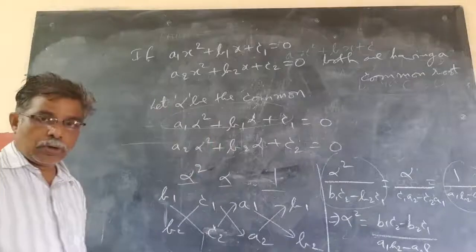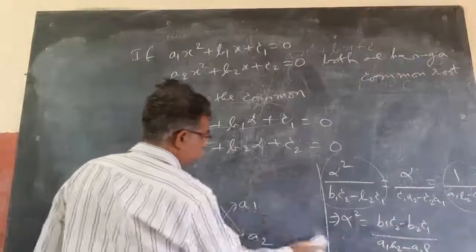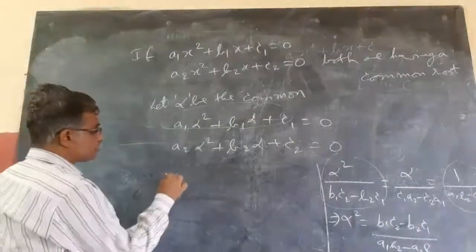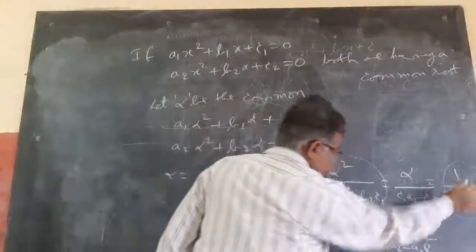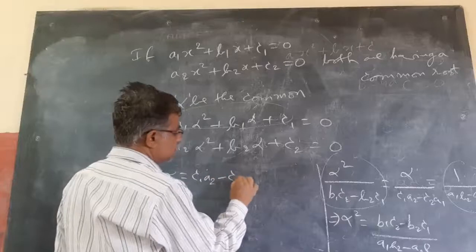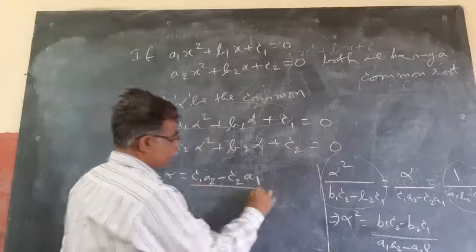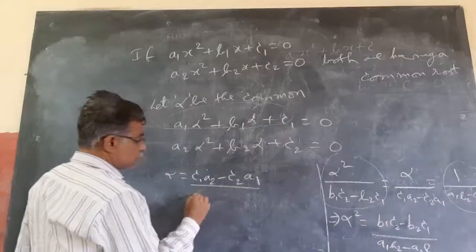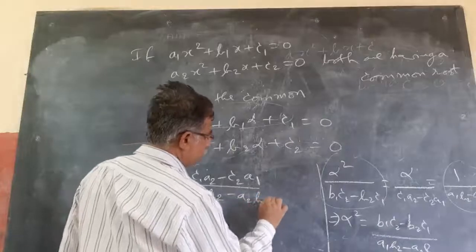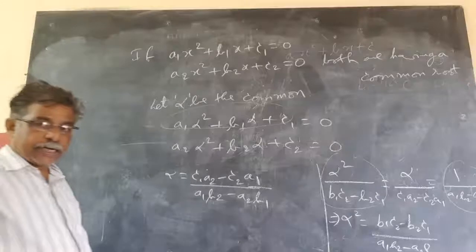Similarly, alpha equals, bringing to this side, (c1 a2 minus c2 a1) by (a1 b2 minus a2 b1).